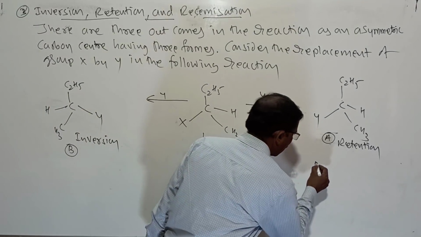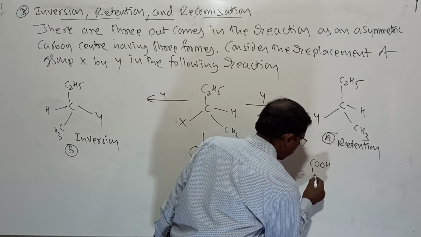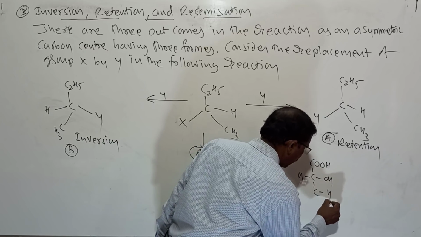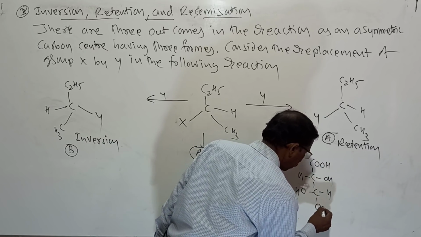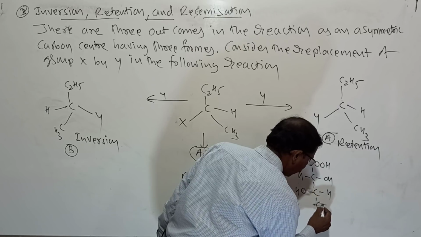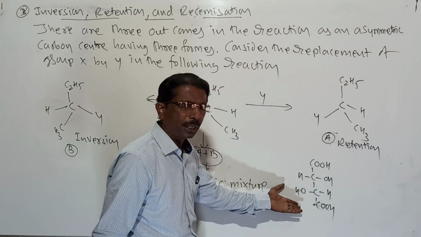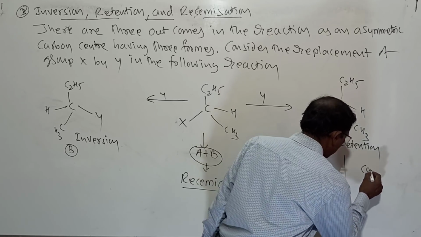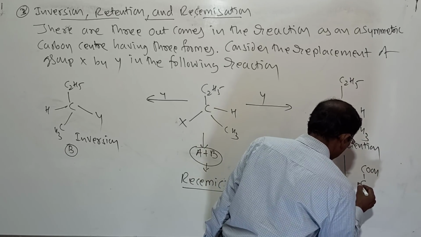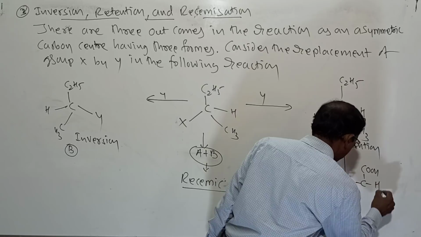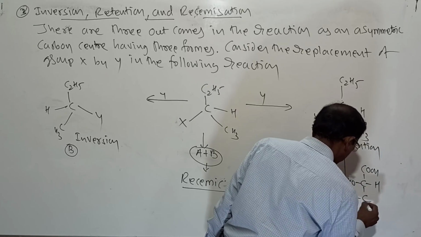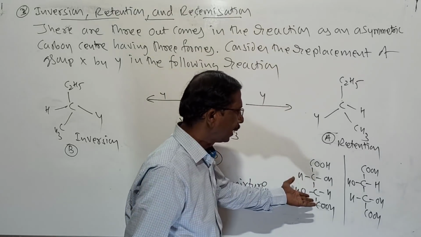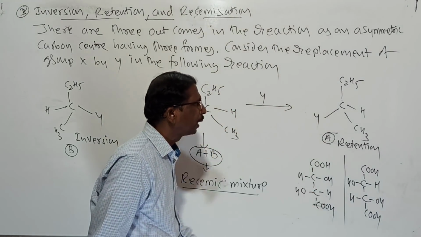Here COOH, OH, H, and then H, OH, COOH, it is D-tartaric acid, and the other one with COOH, H, OH, HO, H, COOH is L-tartaric acid.